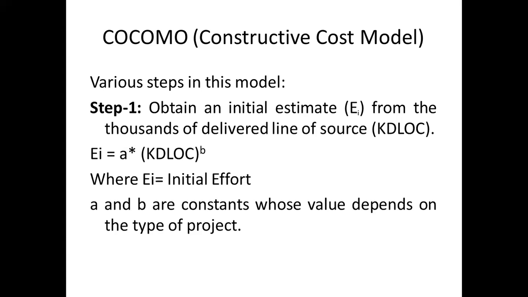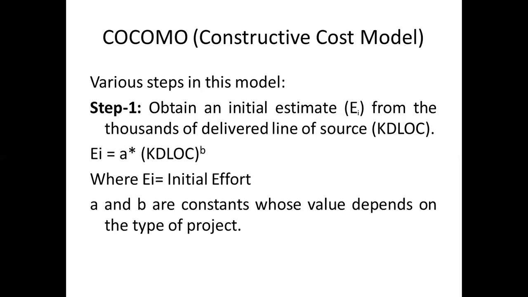Now we have the table to choose the values of A and B from. For the organic type, A and B are different; for the embedded type or semi-detached type, the values of A and B will vary. So we can choose the values of A and B directly from the given table.